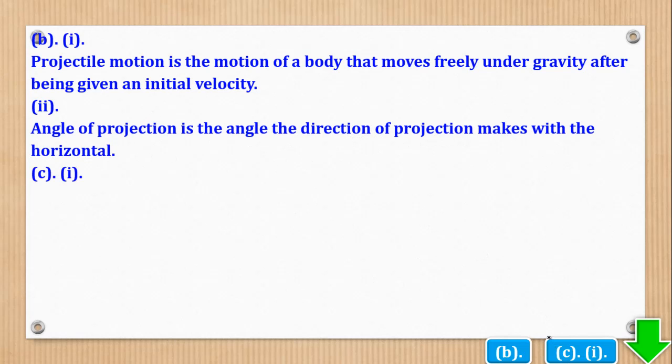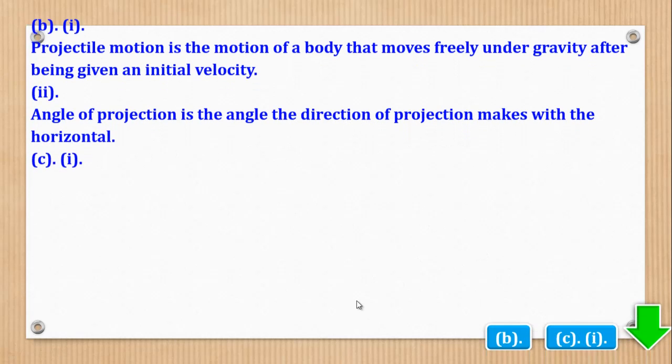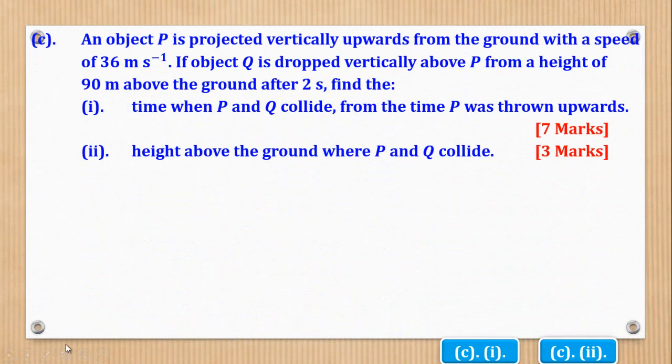That was part B. Then part C. A body P is projected vertically upwards from the ground with a speed of 36 meters per second.